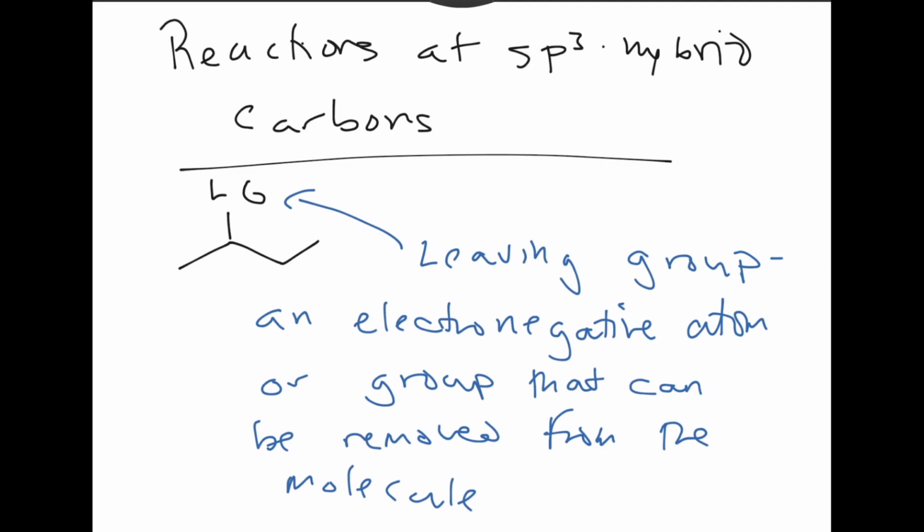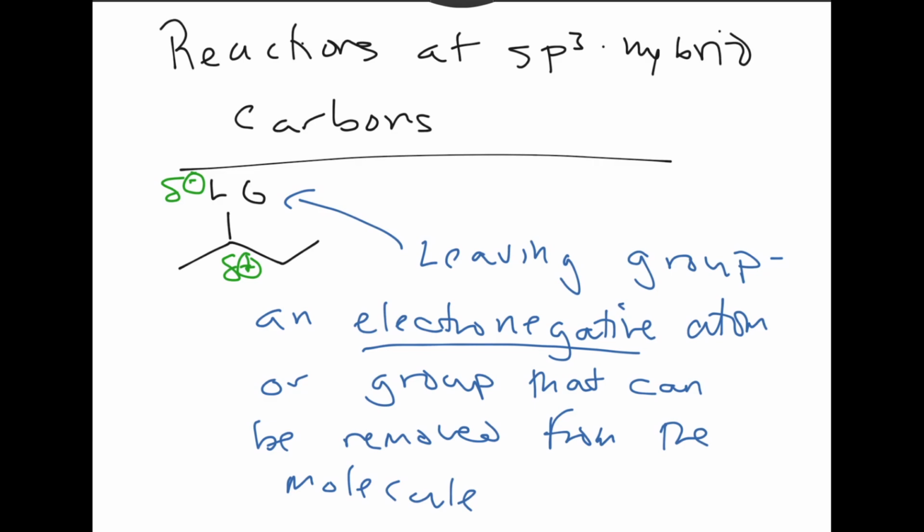The important thing about the leaving group, or one of them, is that it's electronegative. What that's going to do is lead to that leaving group being slightly negative, right? Because it's pulling electrons towards itself. And it's going to make the carbon it's bonded to slightly positive.